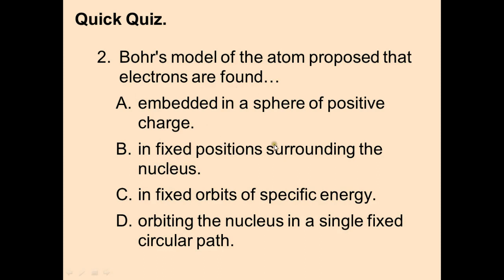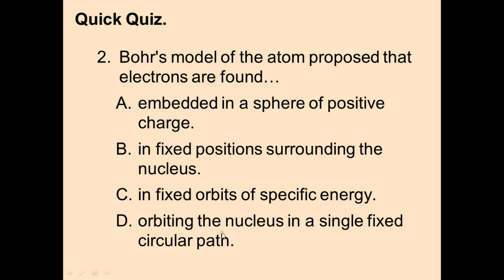B, in fixed positions surrounding the nucleus. That's false because they're still orbiting very fast. C, in fixed orbits of specific energy. C sounds somewhat correct, but let's just check D. Orbiting the nucleus in a single fixed circular path.